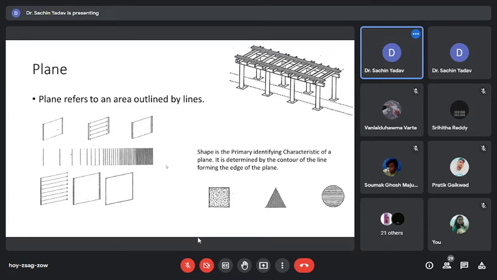A transparent spatial membrane can be stretched between them to acknowledge their visual relationship. The closer these lines are to each other, the stronger the sense of plane they convey. Right?